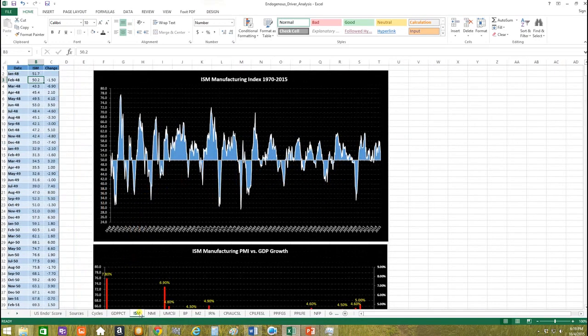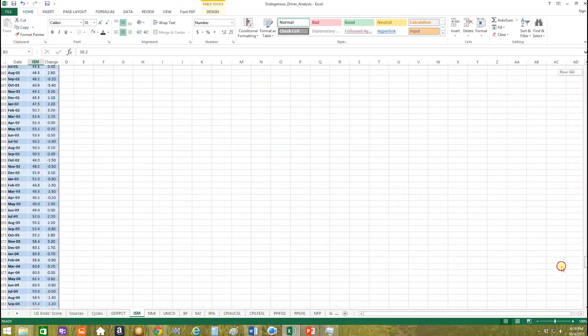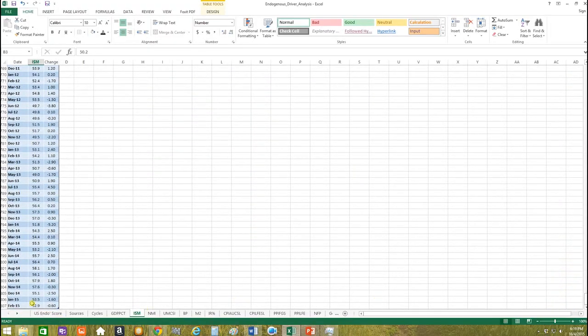If we go over to the ISM and scroll right down to the bottom, we can see the latest data, Feb 2015, reported in March. The score is 52.9, and it's growing because it's above 50, but it's slower.